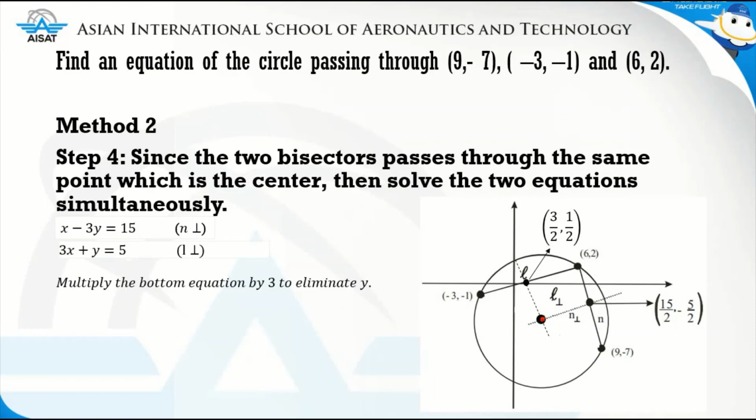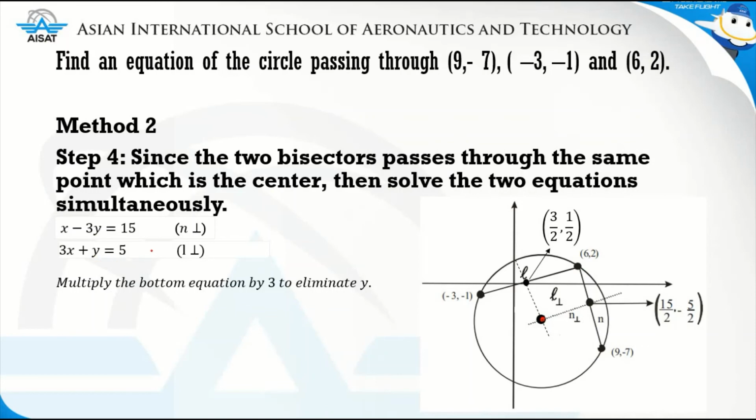So what we'll do is we will multiply the bottom equation by 3 to eliminate y, because the coefficient of y on the first equation is negative 3. The coefficient on the second equation must be of opposite sign but equal in value, so that should be positive 3.